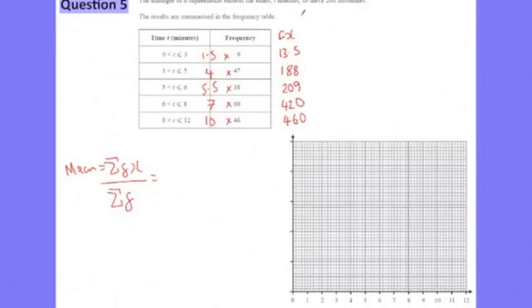Adding up all of these numbers here, we have 1290.5 divided by 200, the total of the frequency, which gives us an estimate for the mean as 6.45 minutes.